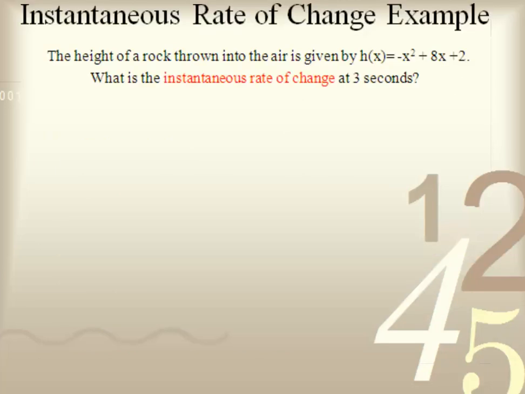So if we're looking at the same equation with the same formula, h of x equals negative x squared plus 8x plus 2, let's see what happens if we look at a smaller interval from 3 seconds to 3.01. So let's evaluate and see what happens when we put 3.01 into our equation.